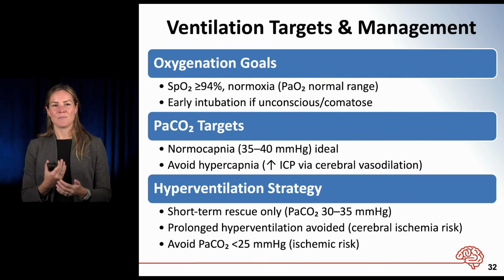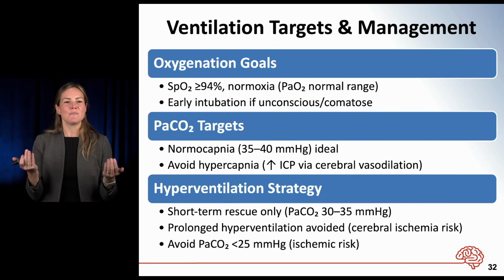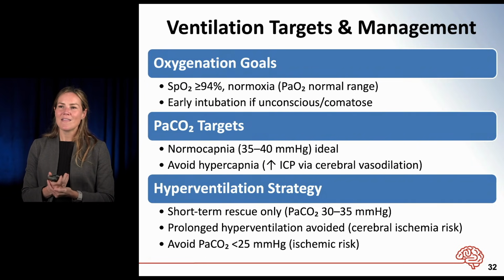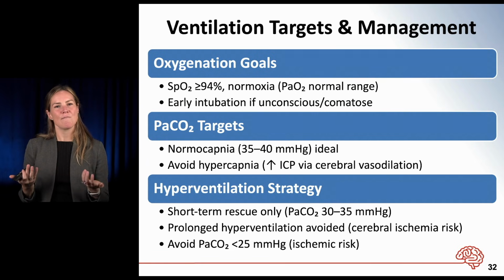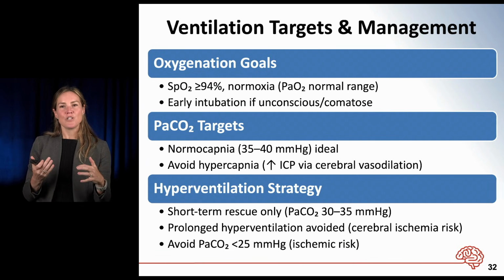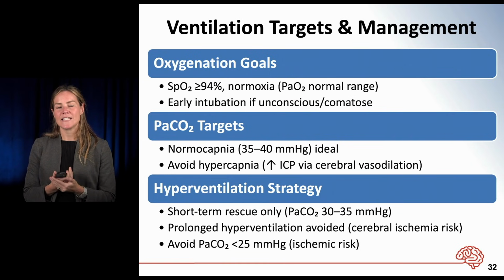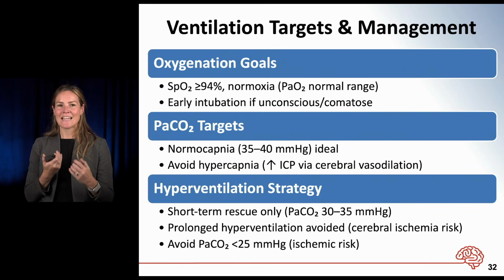So when you do have someone on a ventilator, what should your goals be? Well, obviously, you do not want them to be hypoxic. We want the arterial pressure of oxygen to be within the normal range. I aim for greater than 80. Your CO2 targets are really important because CO2 has a direct role on vasodilation and vasoconstriction.